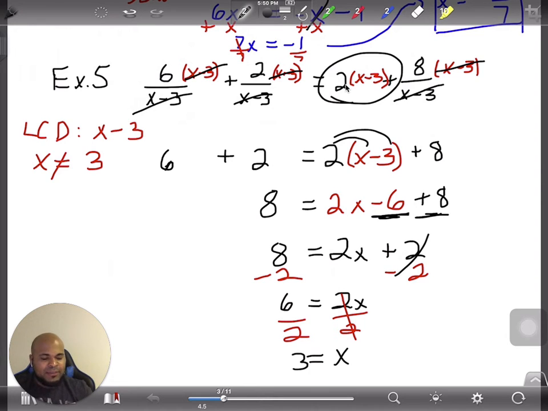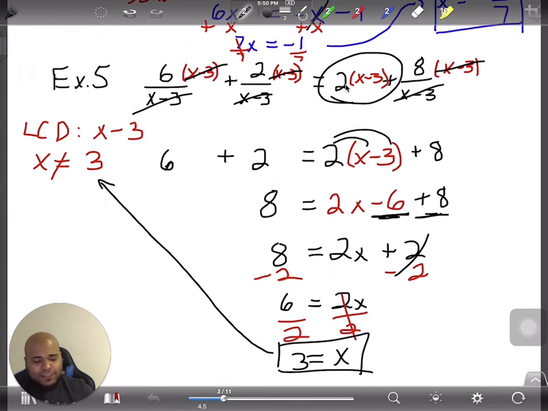Hey, I found an answer. Okay, so this is x equals 3. And then I check it against, oh no, my exclusion. My exclusion is x cannot equal 3. And I got x equals 3 as my solution. That means that this does not exist.